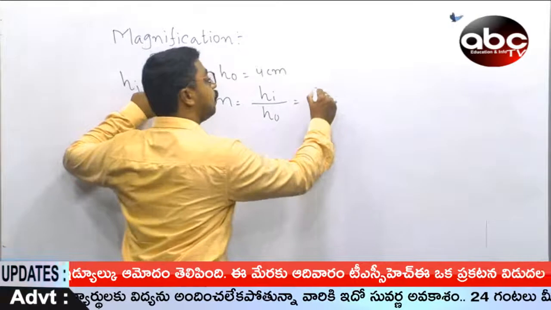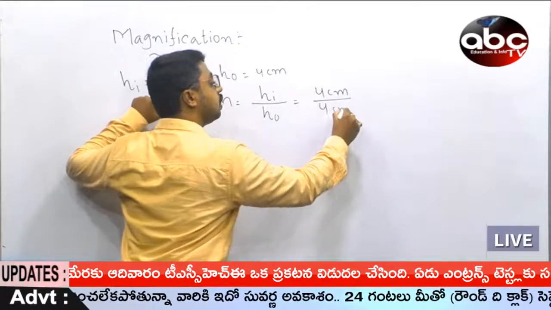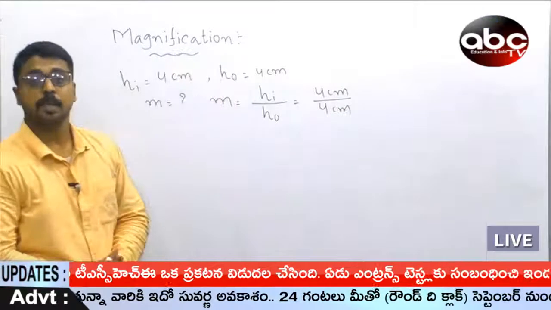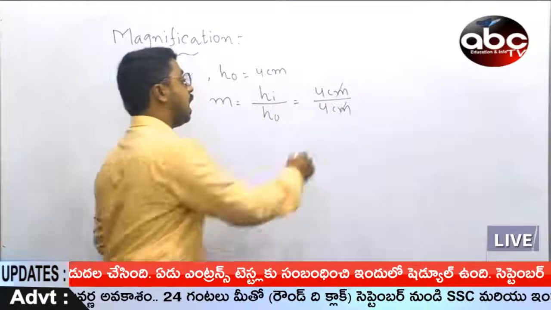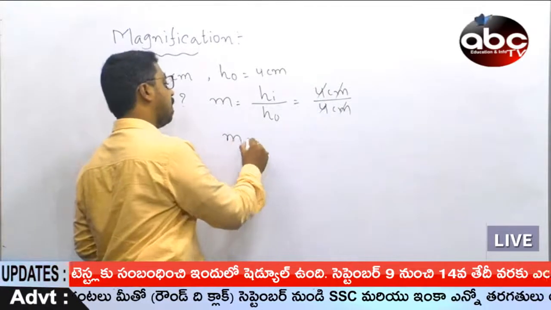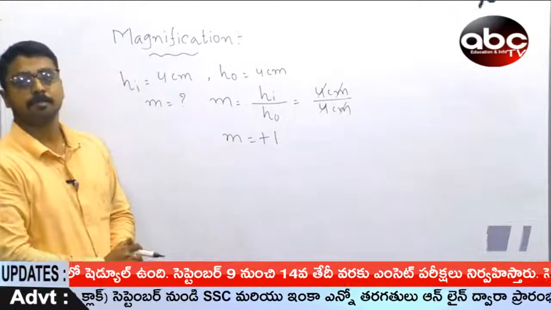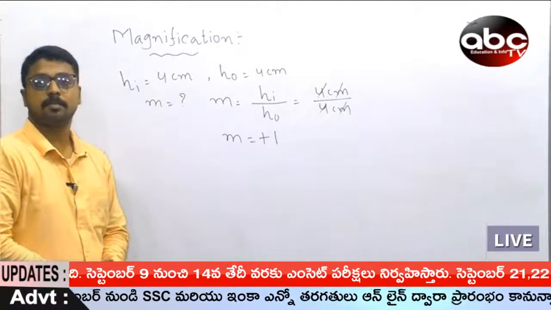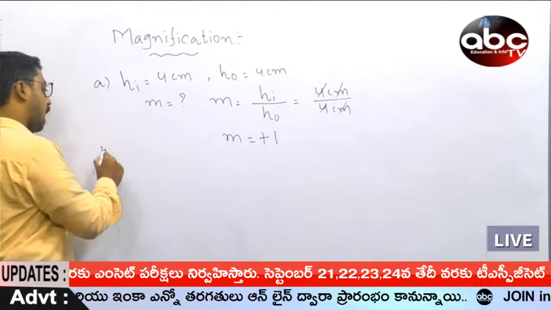This is 4 centimeters by object is also 4 centimeters. Naturally, the centimeter cancels and 4 cancels, giving a magnification of plus 1. Okay, now listen to this question. I will just take another module.